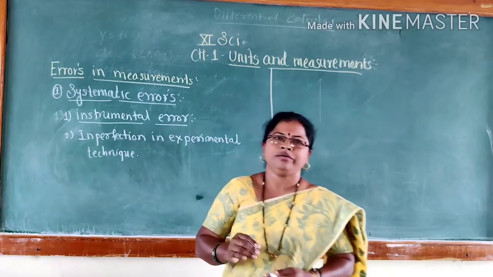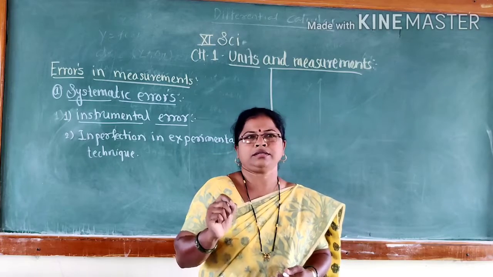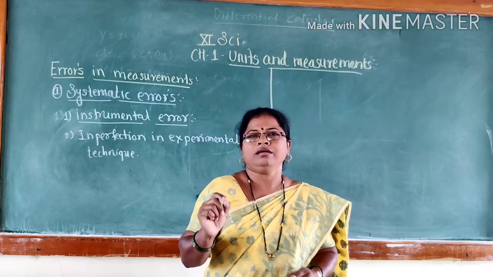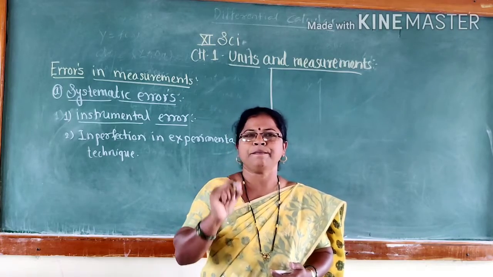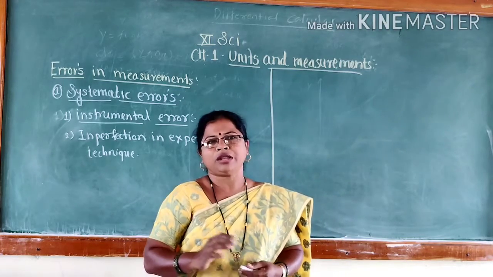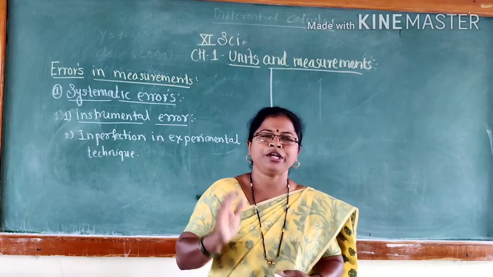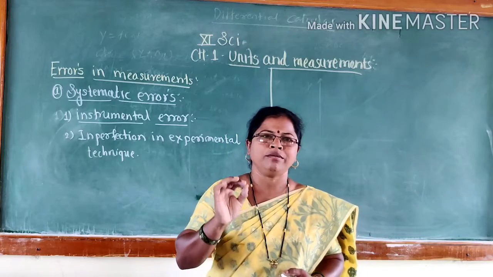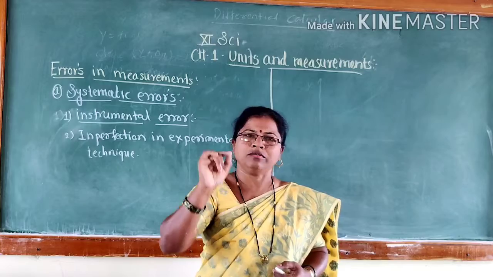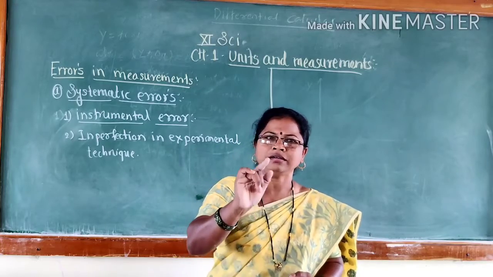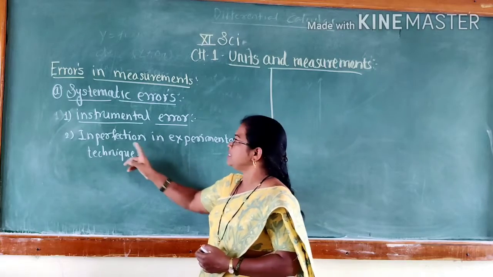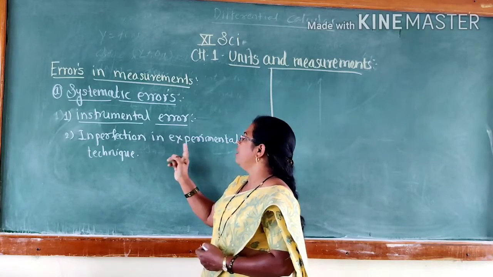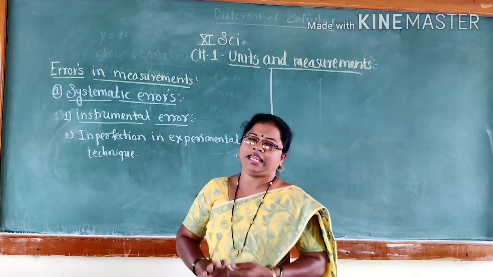Or if we are not measuring time exactly when there is oscillation of a simple pendulum, then we cannot measure the periodic time of the simple pendulum. If you do not start the stopwatch at the exact time, such types of errors are due to the experimental technique.